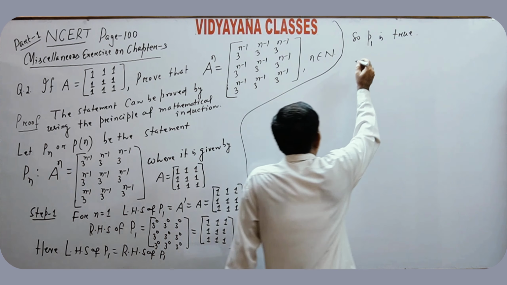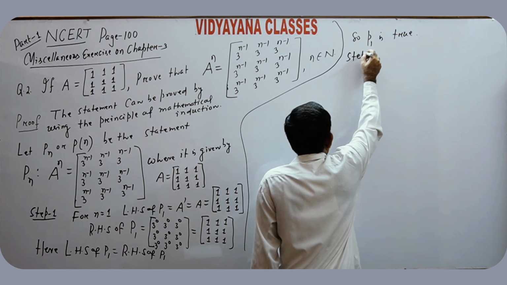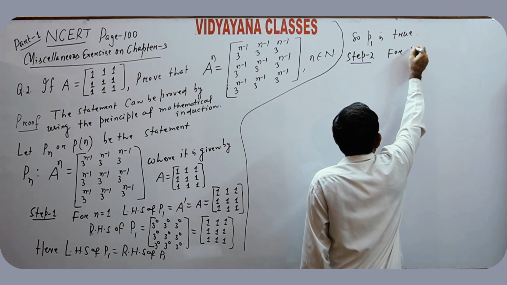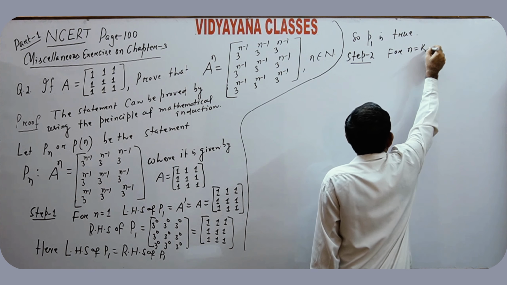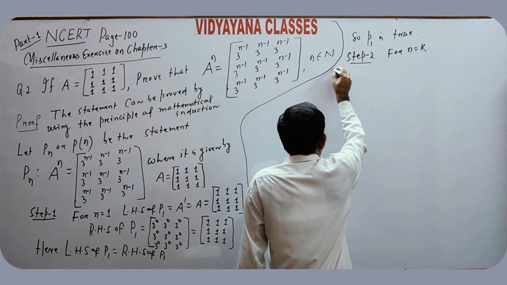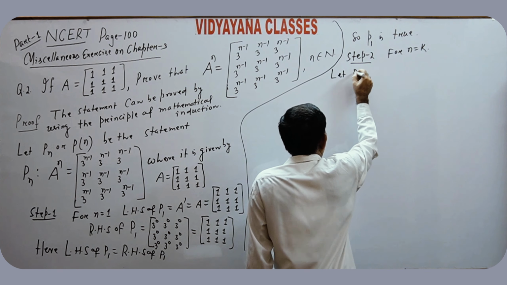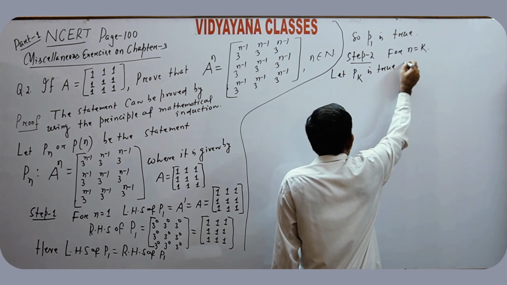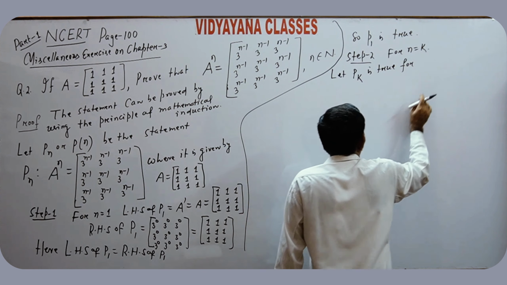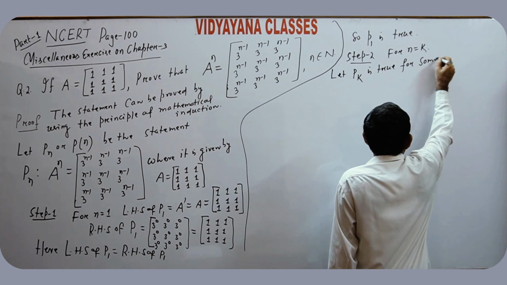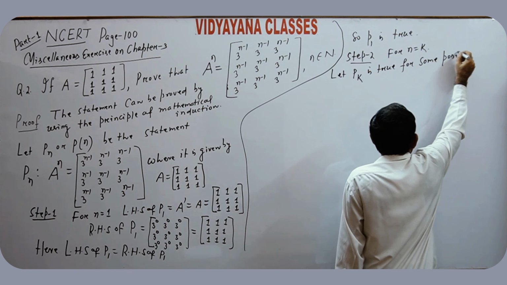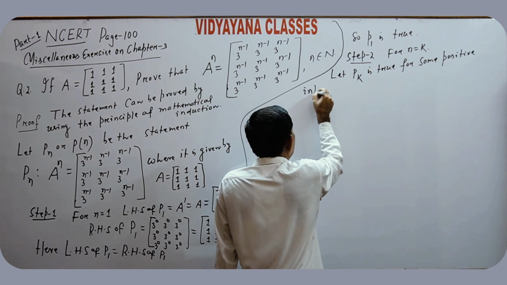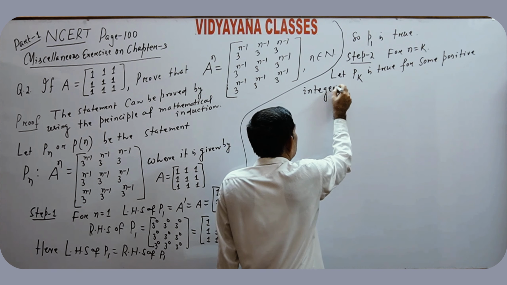Step 2. For n is equal to k, let Pk be true for some positive integer k.